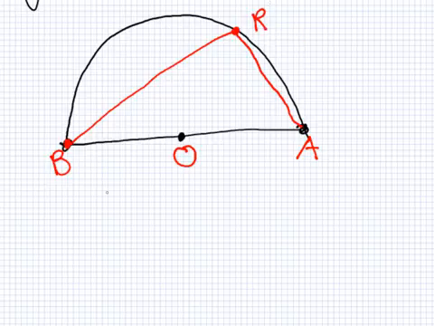So you want to prove what as vectors? As a vector statement, what are you trying to prove? The angle at R, yeah, but as vectors. AR is perpendicular to RB, that is right.